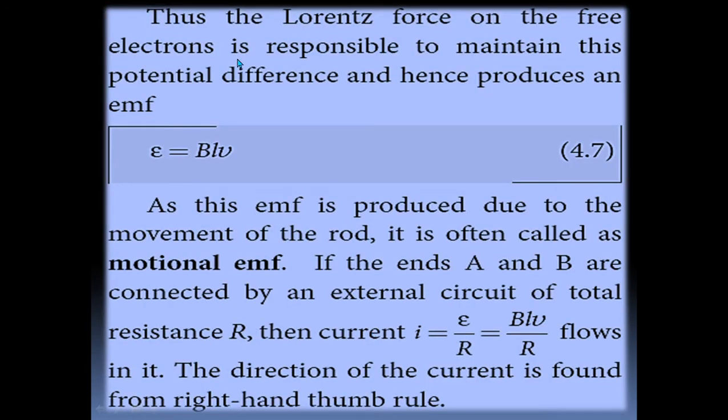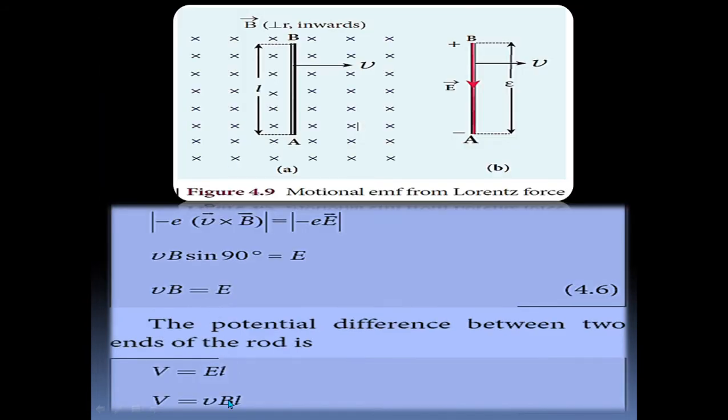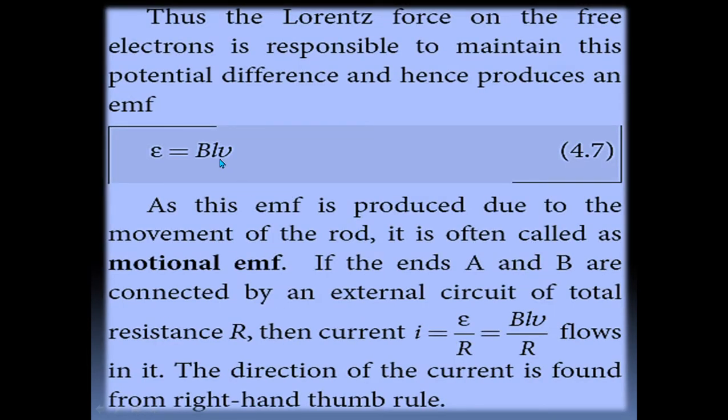Thus the Lorentz force on the free electrons is responsible for maintaining this potential difference and hence produces EMF. Epsilon is equal to vBL, which can be written as BLv. So epsilon is equal to BLv.